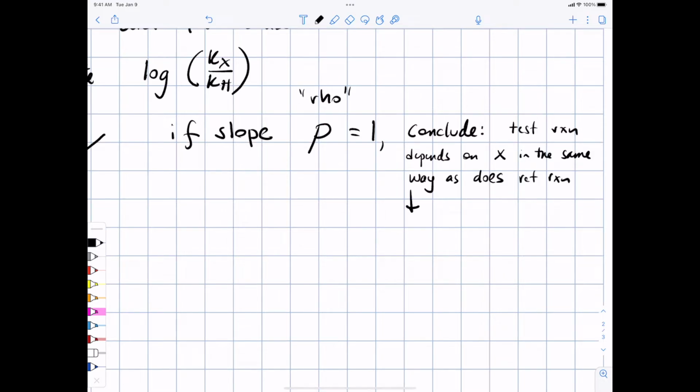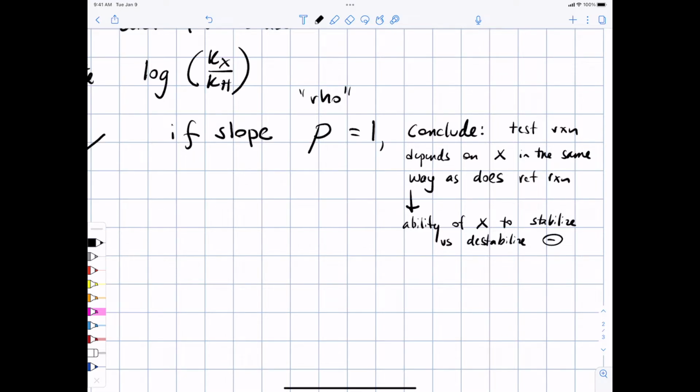And in this case, that would be consistent with the ability of X to stabilize versus destabilize a negatively charged intermediate.